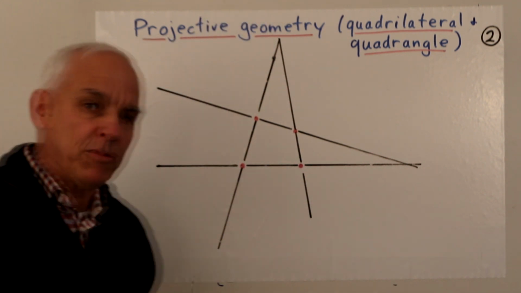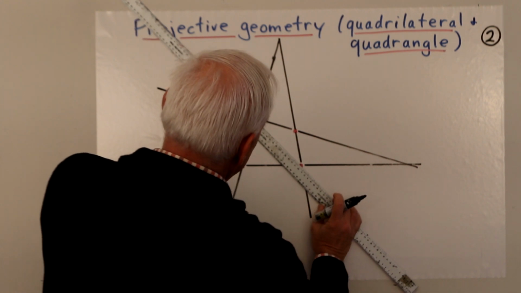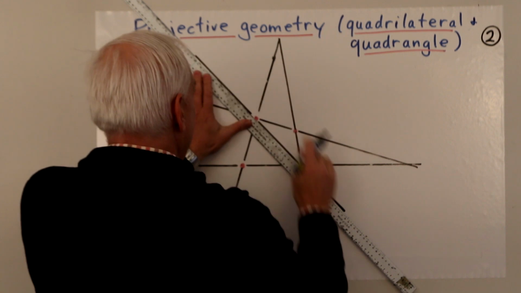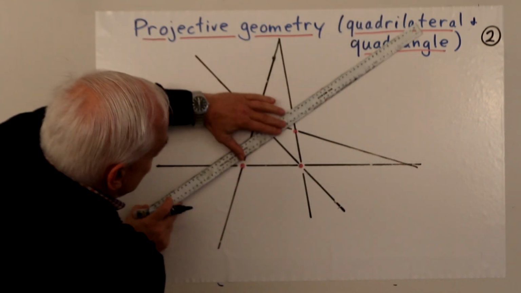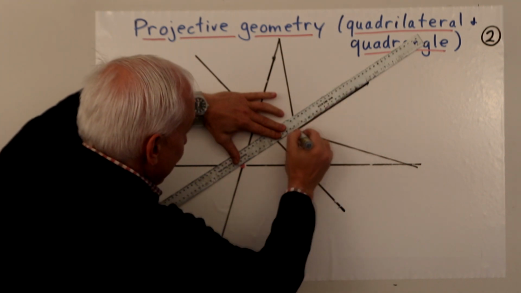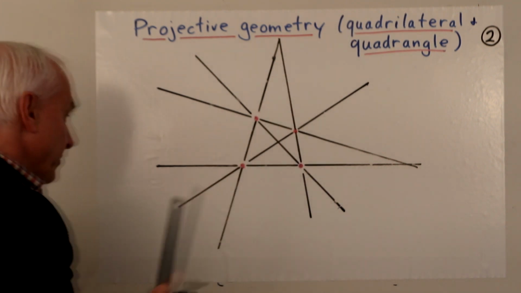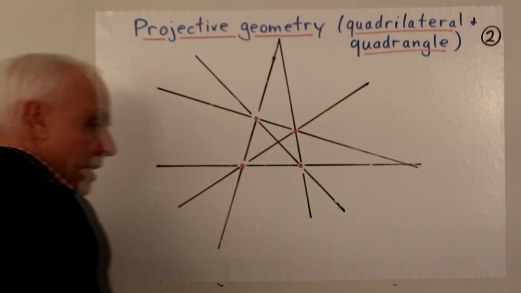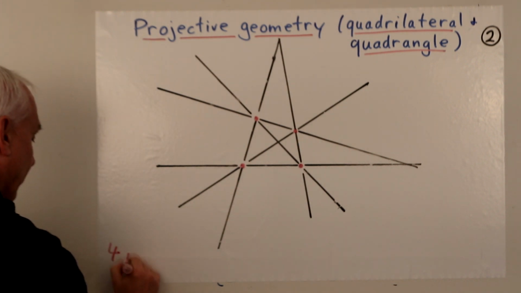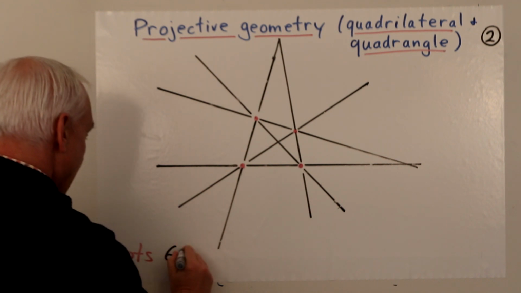So those are 4 lines, but there's actually 2 more because there's also sort of these, you might call them diagonal lines, but in some sense they're just as good as the other lines. So altogether, really, the 4 points determine 6 lines. Okay? So I'm just going to record what we've done here. So we started with 4 points, okay? And now we've moved to 6 lines.